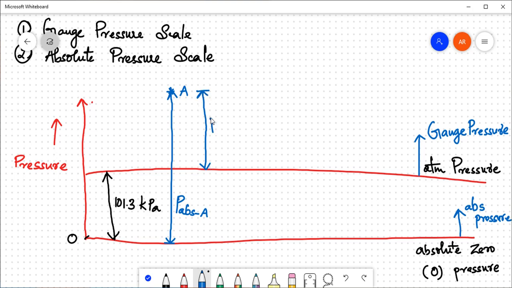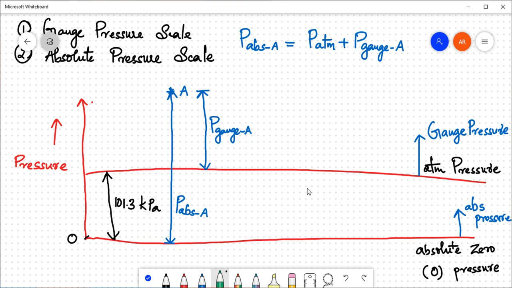So this ordinate will be known as gauge pressure at point A. So now we can write a relationship between absolute pressure at point A and gauge pressure at point A. P absolute at point A is equal to the atmospheric pressure plus gauge pressure at point A. That is, absolute pressure is equal to atmospheric pressure plus gauge pressure.